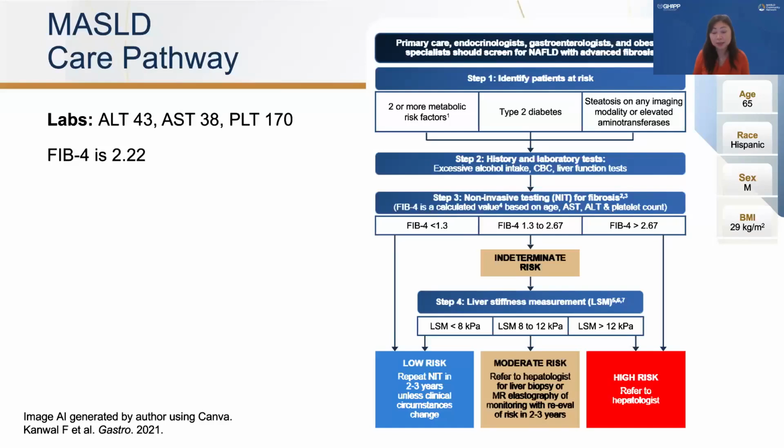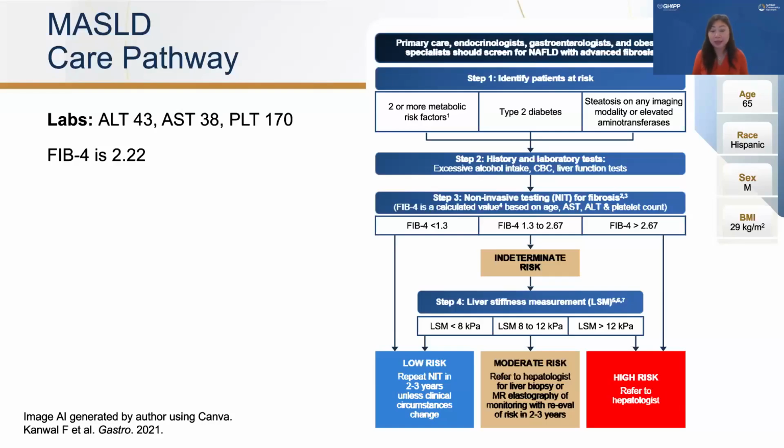The recommendation is to repeat NITs in 2 to 3 years unless clinical circumstances change. If your FIB-4 is greater than 2.67, this is your high-risk patient, so you want to refer this patient to your local GI or hepatologist office. Now, if your FIB-4 falls between 1.3 to 2.67, this is the indeterminate risk zone, so the recommendation is to do a FibroScan test next.